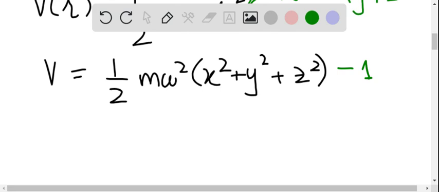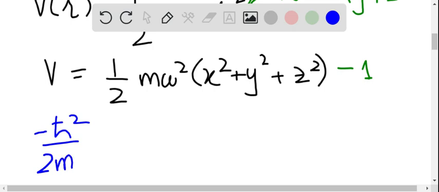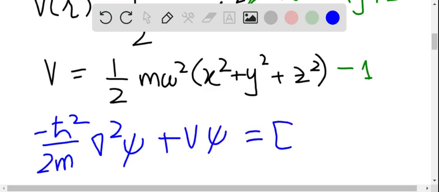Now, the next thing is that, as we know, we have the equation negative h-bar square divided by 2m del square psi plus V times psi is equal to E times psi, right?